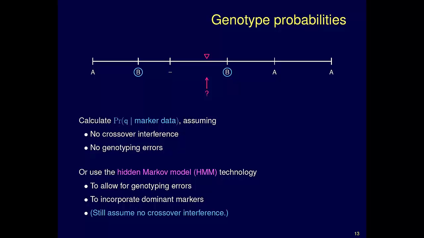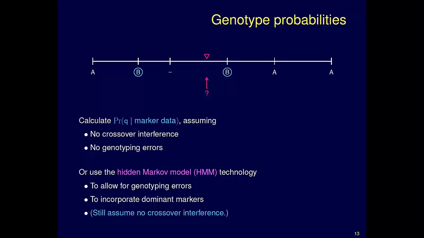So this assumption is blatantly false, but is hugely convenient for all these calculations because it makes all the calculations about these kinds of genotype reconstructions really easy. And efforts to incorporate crossover interference are a huge pain and turn out to not have any influence on the results at all, really.